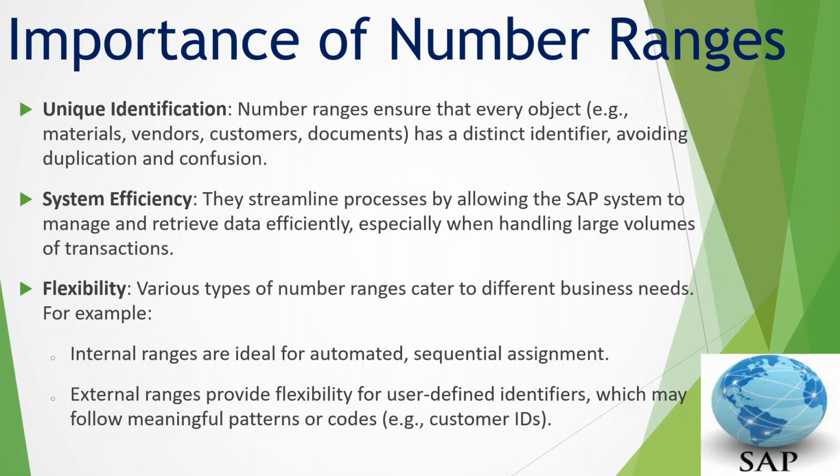Next, flexibility. Various types of number ranges cater to different business needs. For example, internal number ranges are ideal for automated sequential assignments. External ranges provide flexibility for user-defined identifiers which may follow a meaningful pattern or codes, for example, customer IDs.